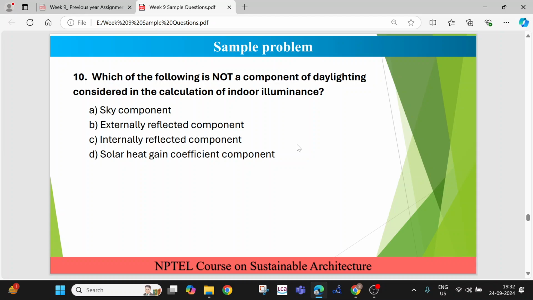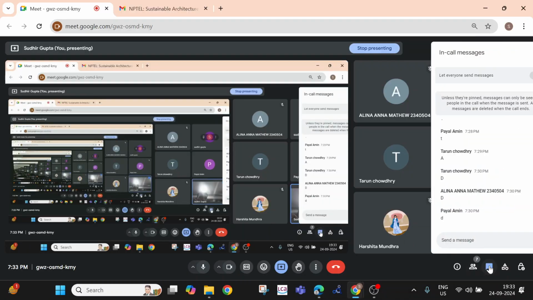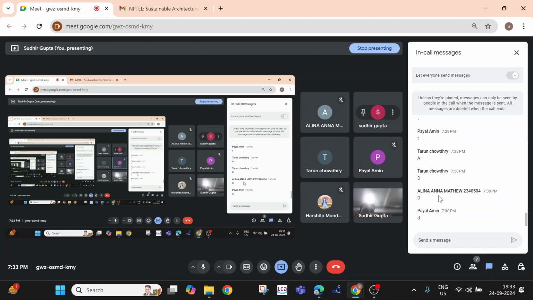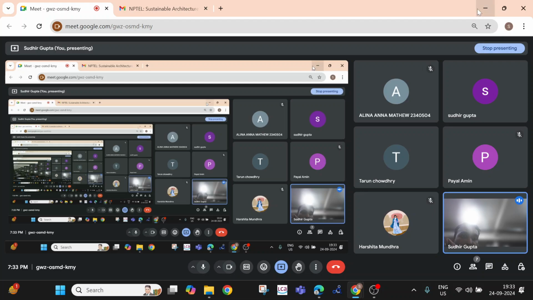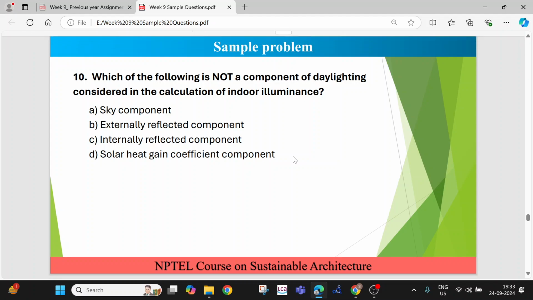Which of the following do you not consider while calculating daylight in the calculation of indoor illuminance? Let me see. Okay, so all of you are saying option D only. Option D is the right answer.